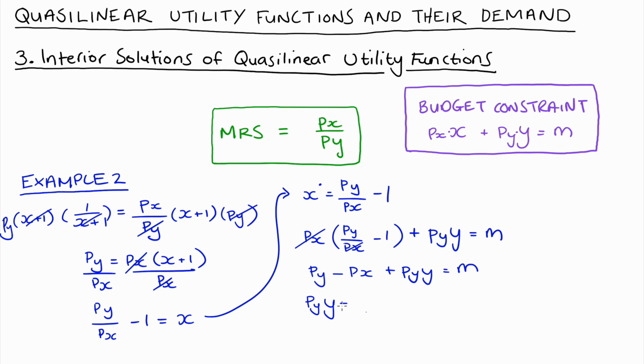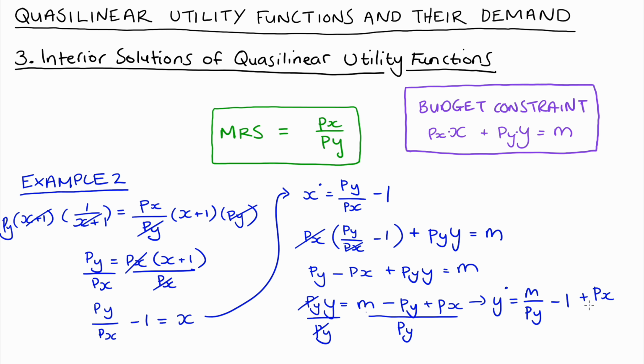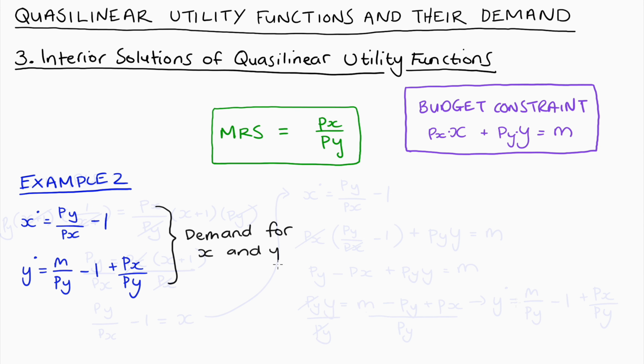We can take away py and add px to both sides of our equation here. And then we can divide by py, and we get y star equal to m over py minus 1 plus px over py. So that's our demand for x and for y when we have an interior solution with example number 2.